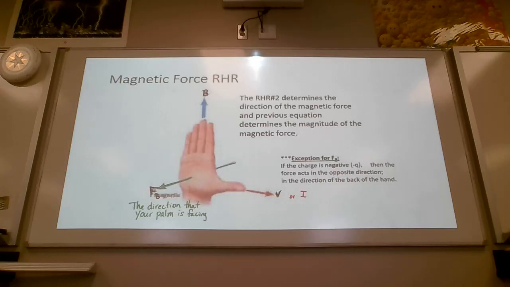You just care about the external magnetic field. So your fingers go in the direction of the external magnetic field. Your thumb goes in the direction of the way things are moving, so velocity or current. Your palm pushes positive things. Okay, your palm pushes positive things. Negative, back of the hand, backhand, it's a negative connotation.